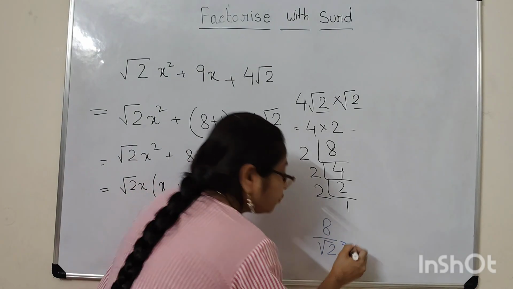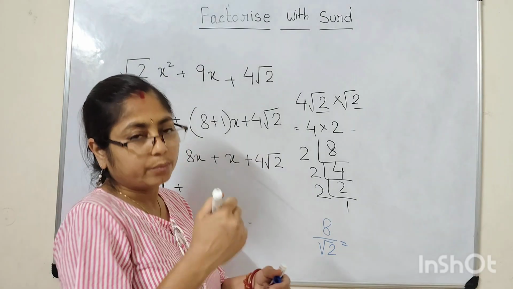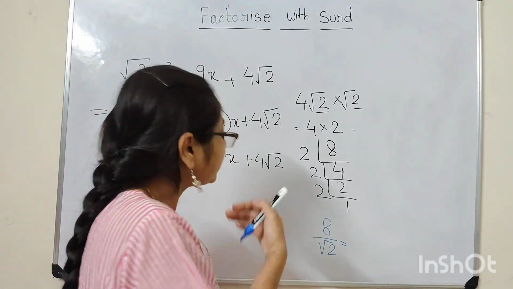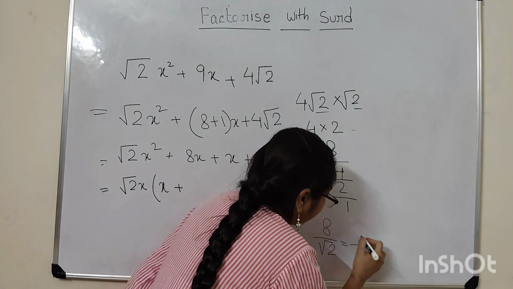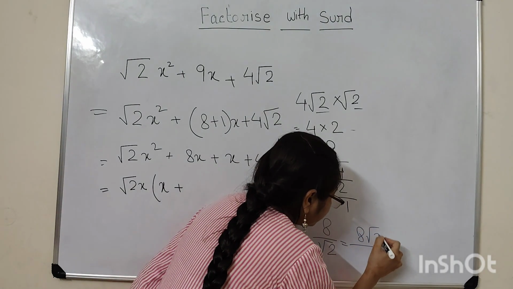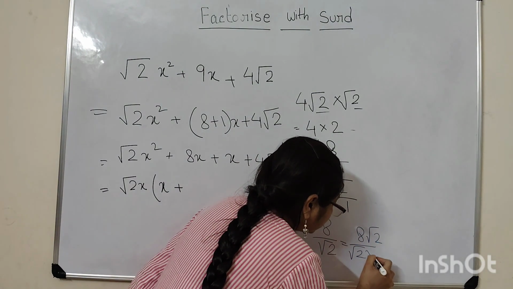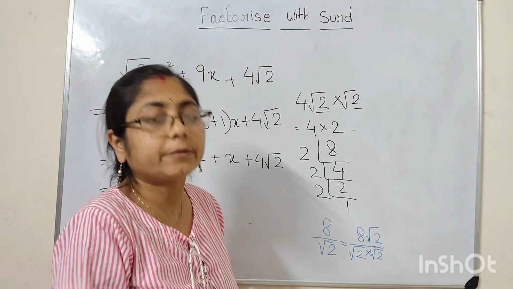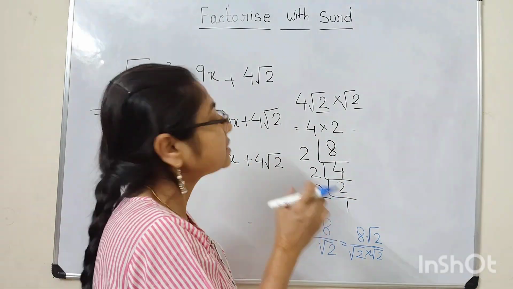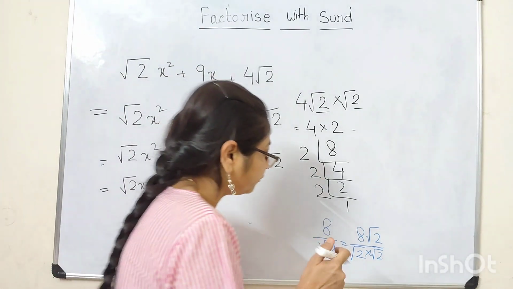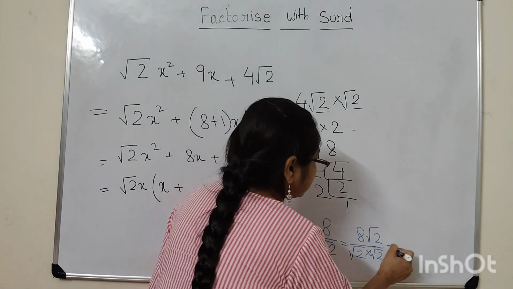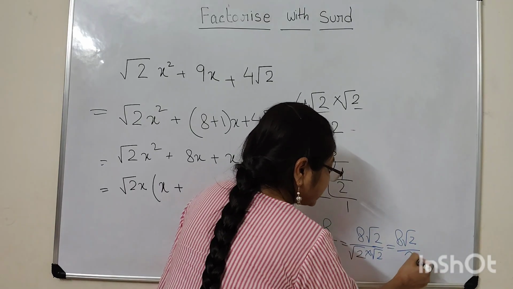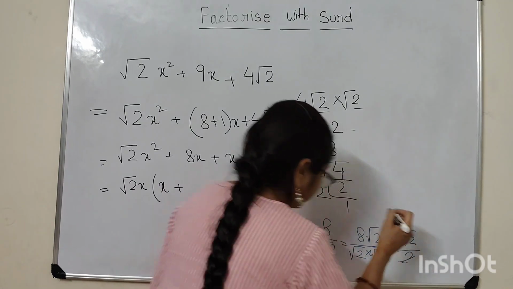So you remove root 2. To remove root 2, you multiply up and down, means both the same numbers, 8 root 2 into root 2 by root 2. In my first part, what I am telling, if you multiply the same root numbers, then the root vanishes. So how can I write? Now write 8 root 2 by 2. Simplify, it is 4 root 2.